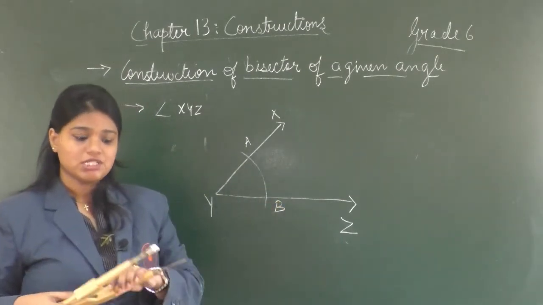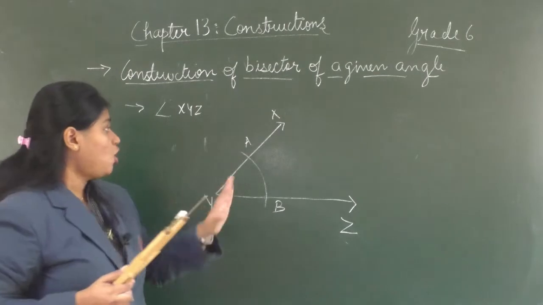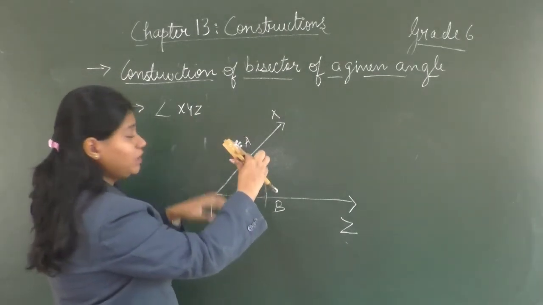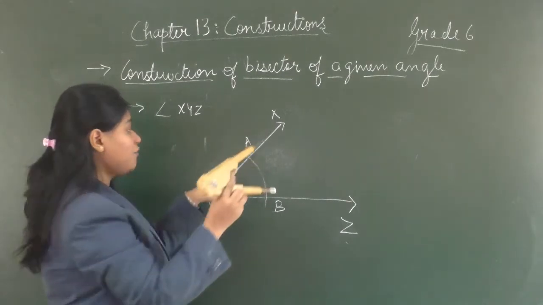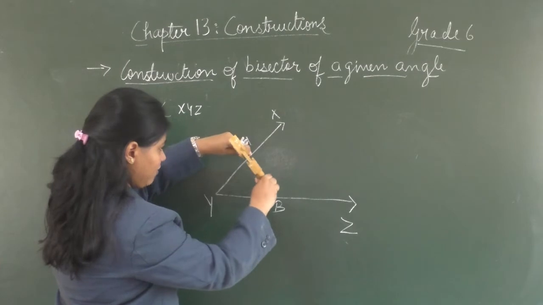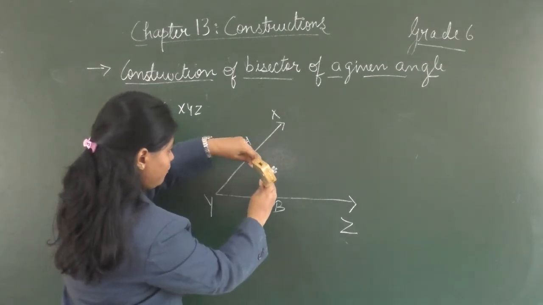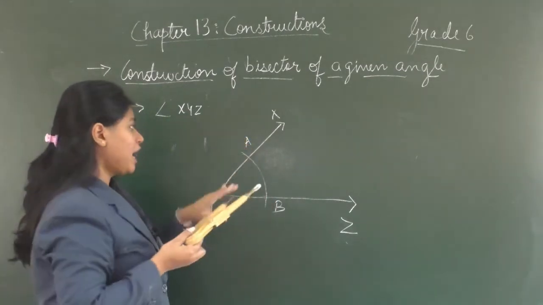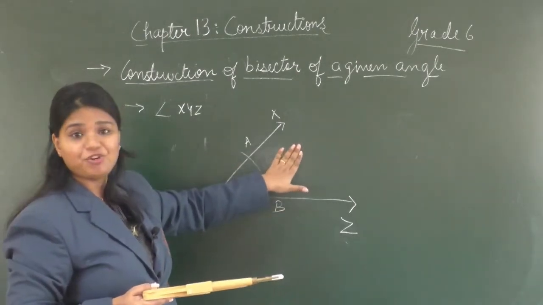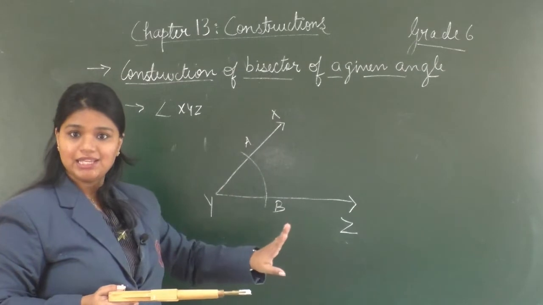Okay, now after this again you will place the needle on point A and you will open the compass with the radius more than half of AB. So I will place this on A and I will open the compass more than half of AB. Now I will place the needle on A and cut an arc in the interior of the angle XYZ.